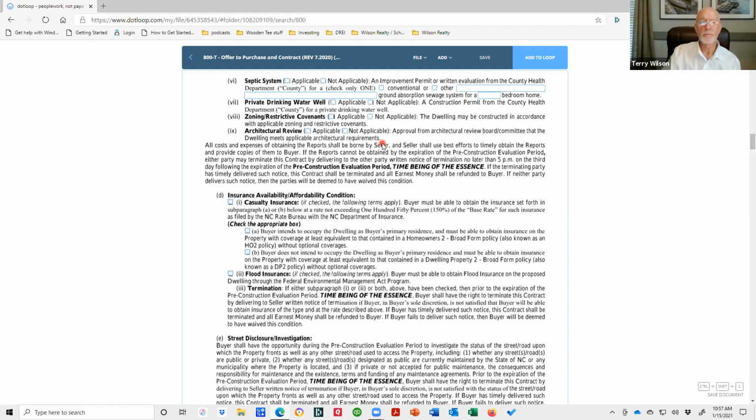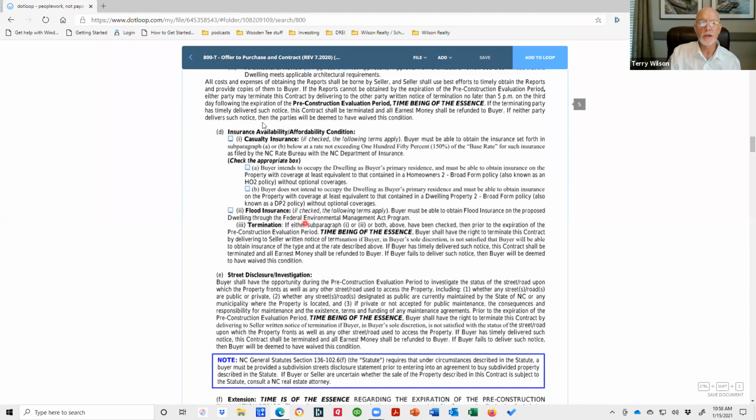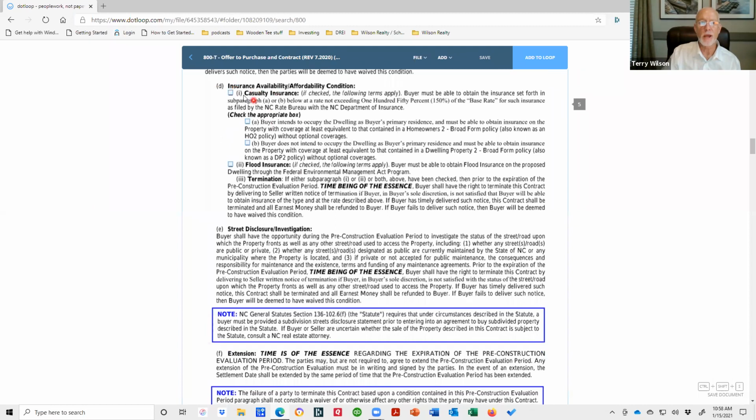Yeah, okay. And if neither party delivers such notice, then the party will have been deemed to have waived the condition, and on we go. Buyer has to be able to get insurance availability, casualty insurance. Buyer must be able to obtain the insurance set forth in subparagraph A or B below at a rate not exceeding 150% of the base rate for such insurance as filed by the North Carolina Department of Insurance.